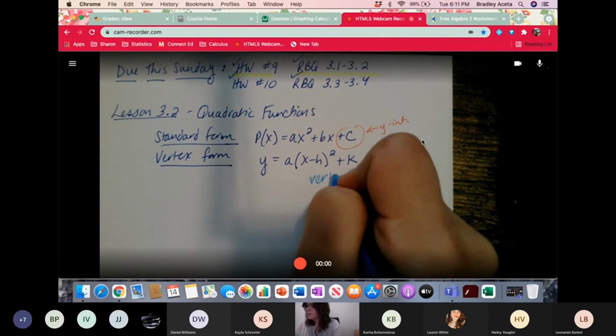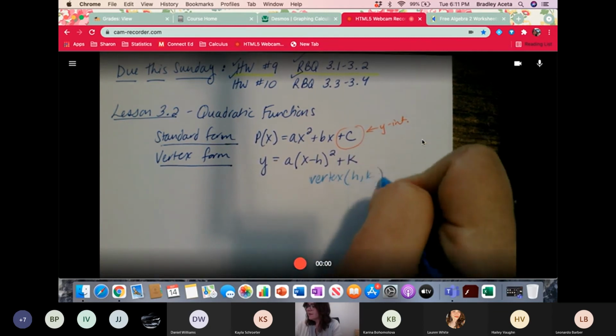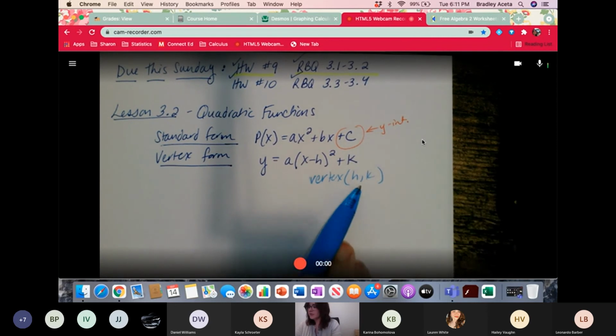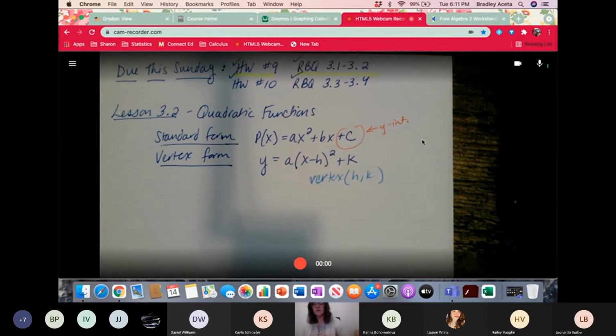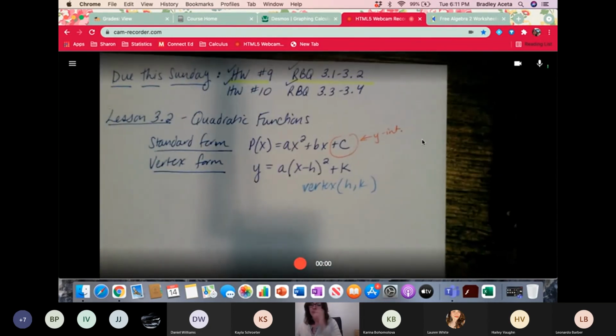And you got to switch the sign of h, and then k stays whatever sign it happens to be. So this is known as the vertex form because you can read the vertex right there. This one, you would have to do some work to find the vertex, okay?